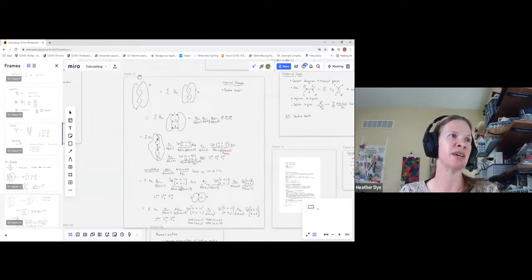So you start with your knot diagram, and I have it labeled W just to indicate that we are going to compute our invariant. So it's like W bracket.